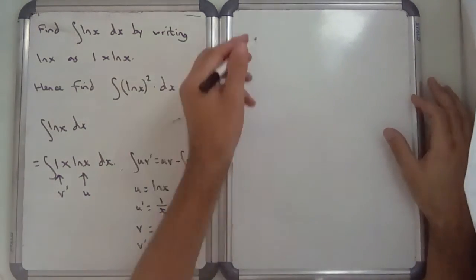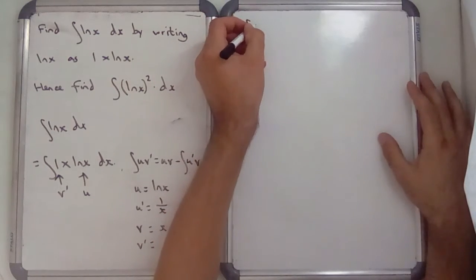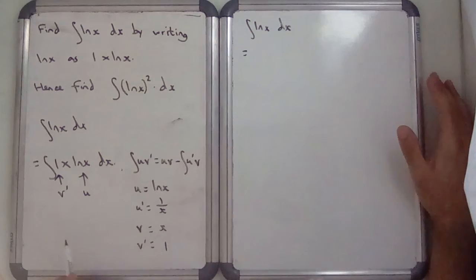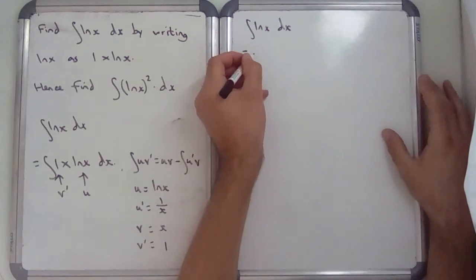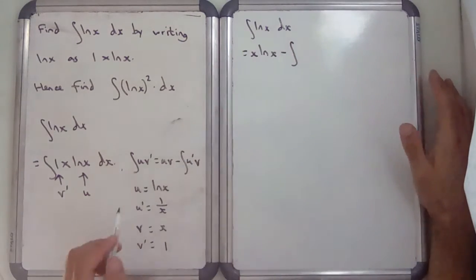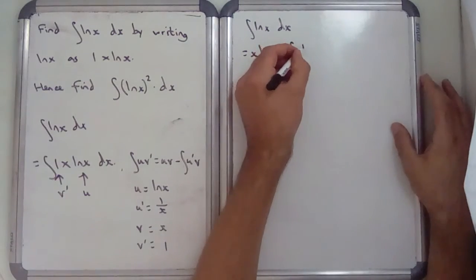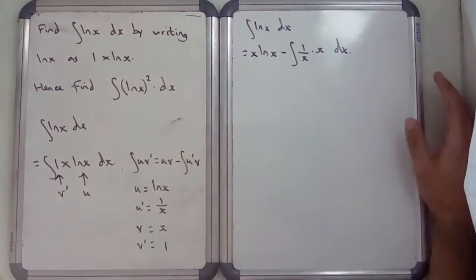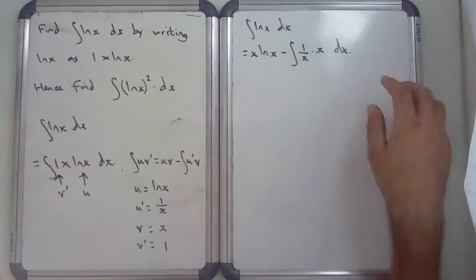So now we have that the integral of ln x dx must be, well, it's uv, so ln x times x, we'll call that x ln x, minus the integral of u dashed v. So u dashed is 1 over x and v is x, so 1 over x times x with respect to x. 1 over x times x is just 1.